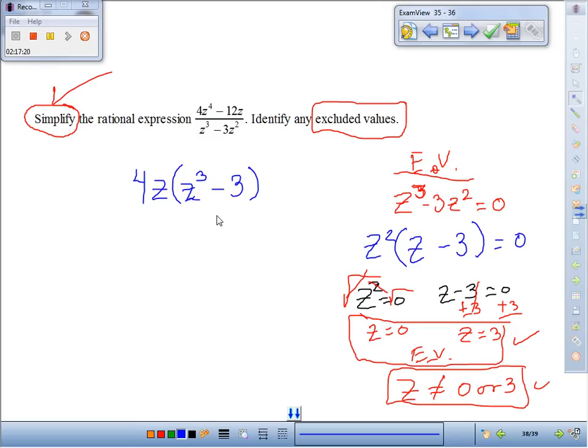Is that correct? Over. What's GCF here? Z squared. And we're left with z minus 3.